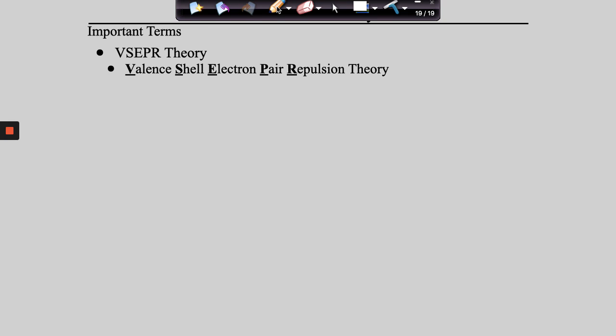Now I know that those are a lot of perhaps big words, but if we spend a second and tear this apart, I think you're going to find that this makes a ton of sense. So where are the valence electrons? Well, the valence electrons are on the outside. And when these valence electrons get together in pairs, we call those pairs or groups of pairs domains.